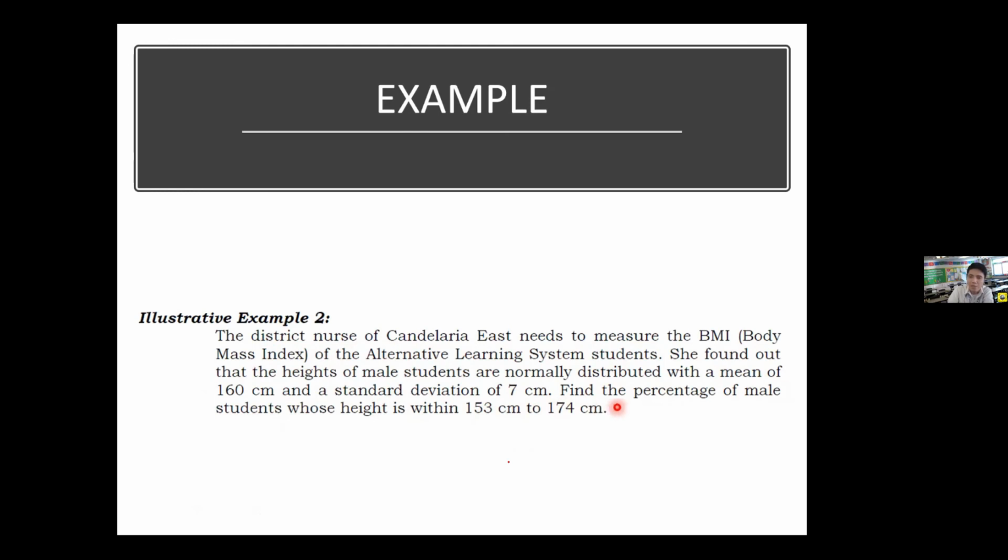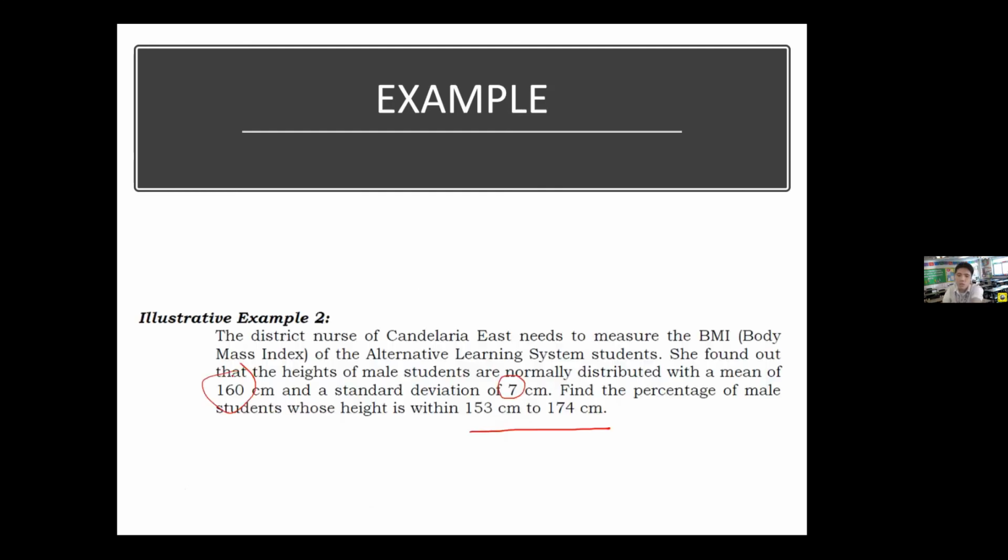Find the percentage of the male students whose height is within 153 to 174. So again, we are given ang mean nato is 160, ang standard deviation is 7 cm. Then we are asked kung pila ka percent ang na-fall between 153 cm to 174.